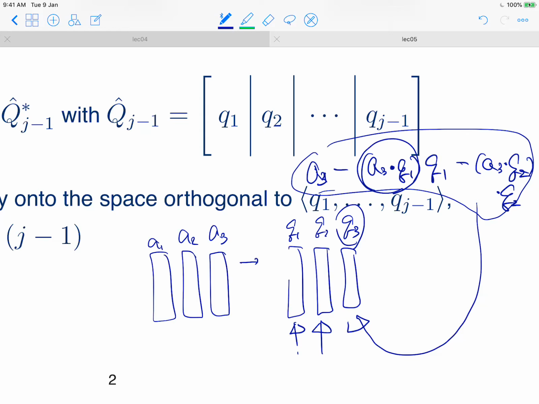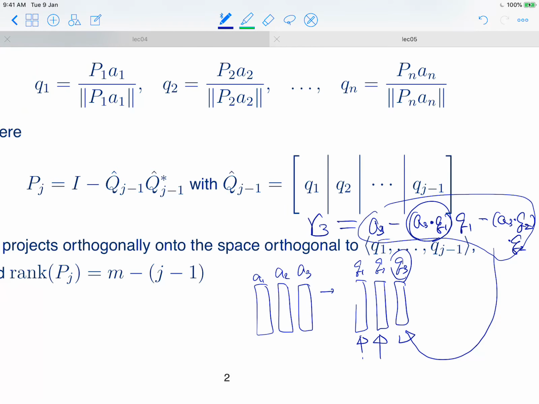Okay, and then this guy, let's call it R3, which represents the remainder after this orthogonal projection. And then we can obtain this R3 through one single matrix multiplication, because this R3 is some matrix multiplication with an input vector A3, and what should be this matrix?